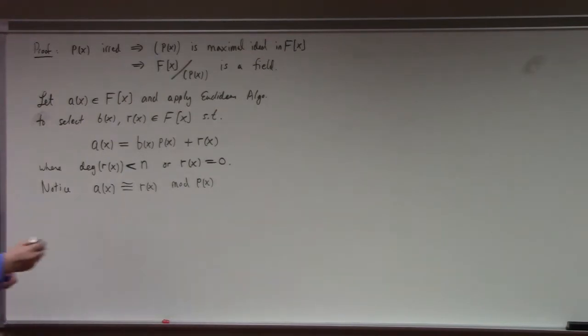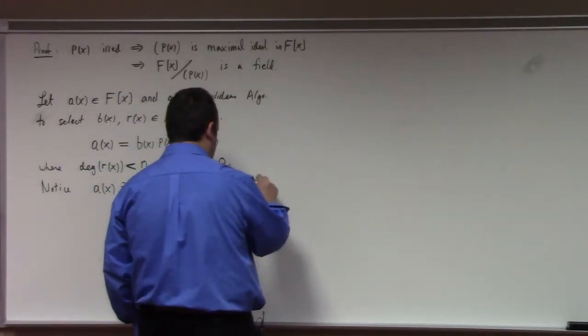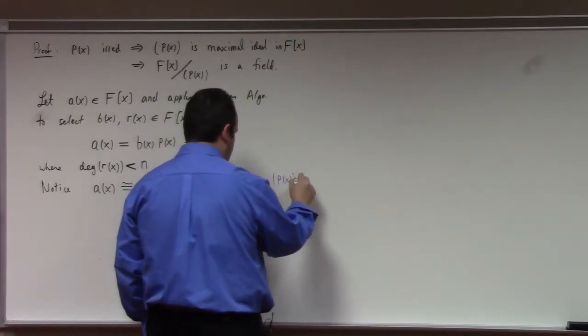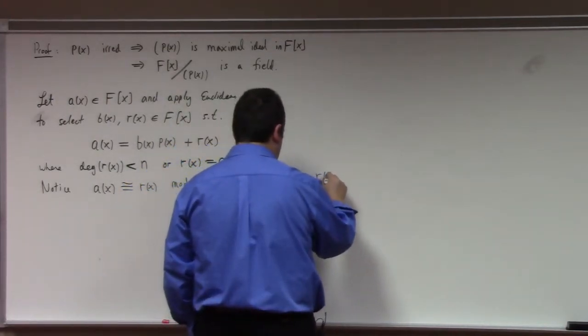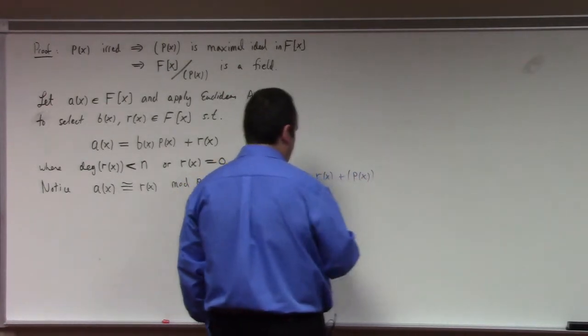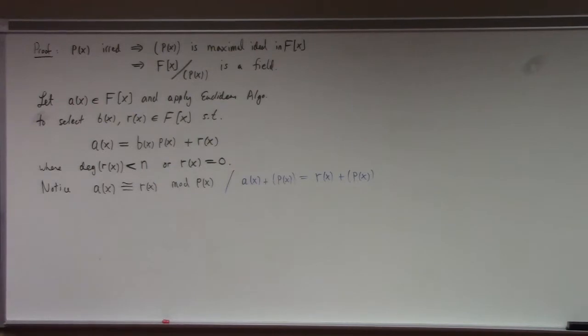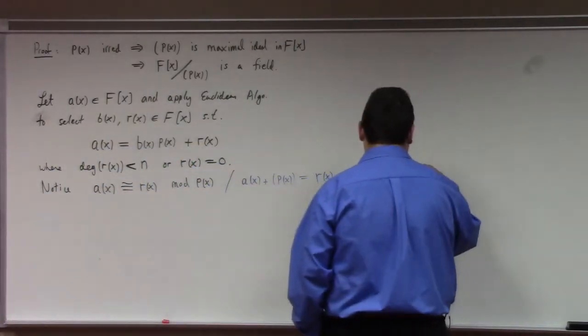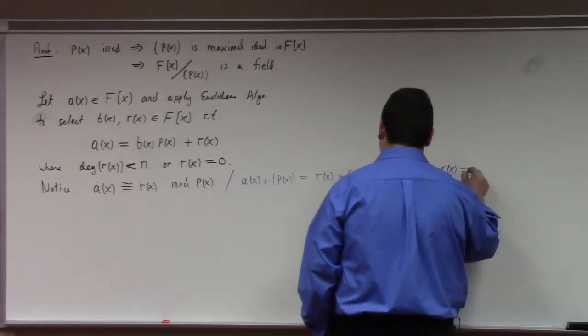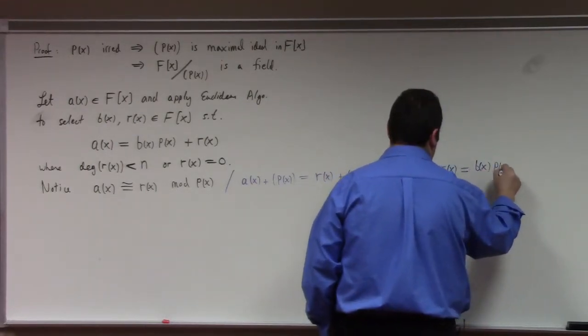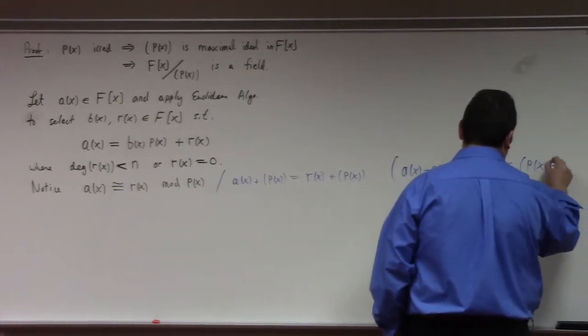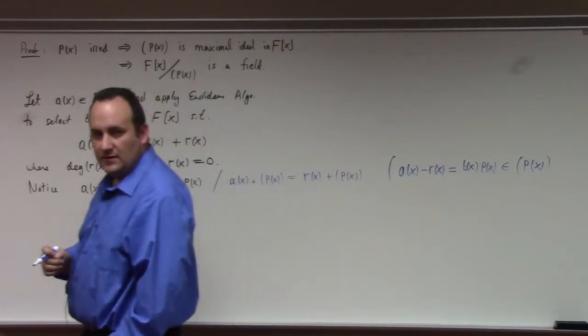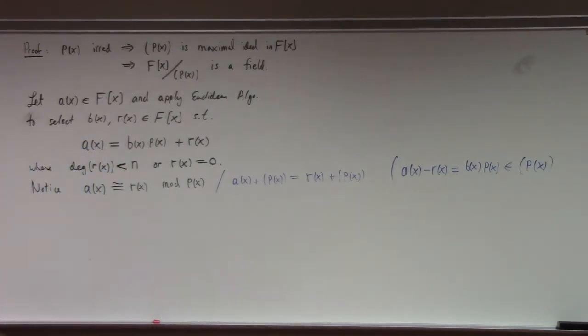What that means, of course, is that a(x) plus the ideal generated by p(x) is equal to r(x) plus the ideal generated by p(x), because the difference of a(x) and r(x) is b(x)p(x), which is an element of the ideal. So those are different representatives of the same coset, which means that they're congruent mod p(x).